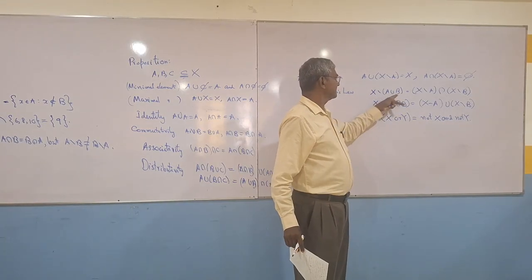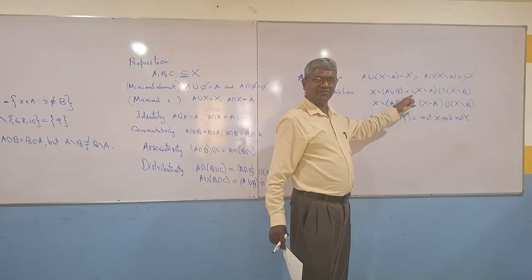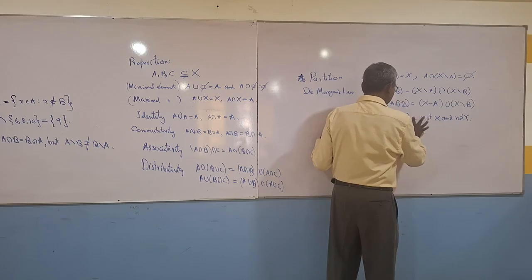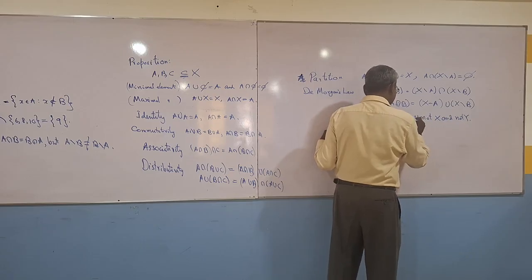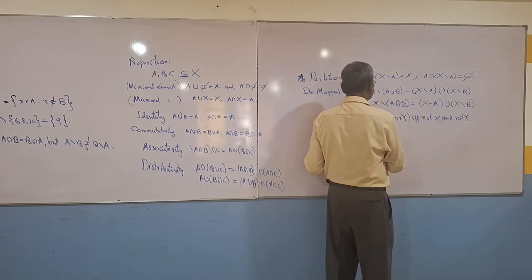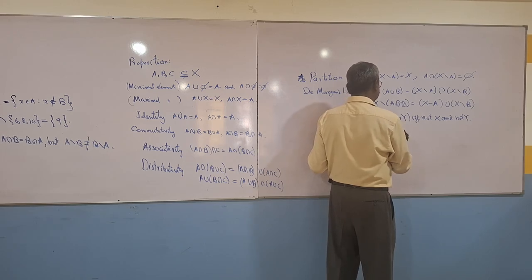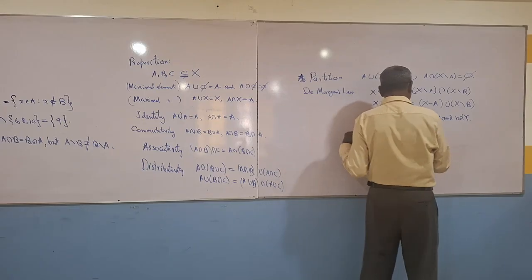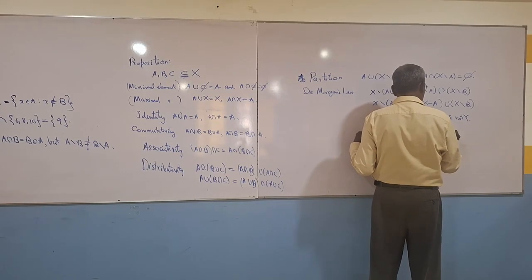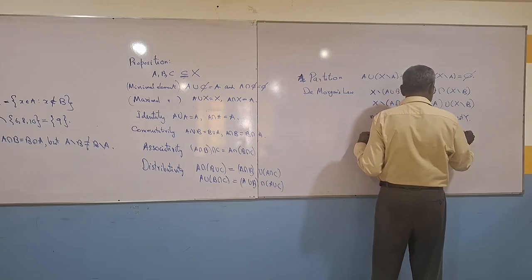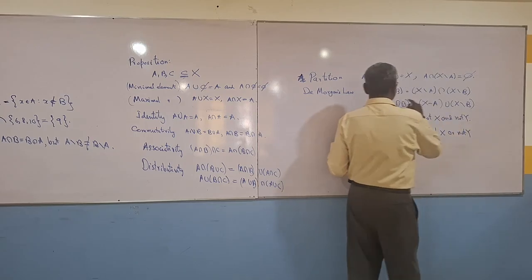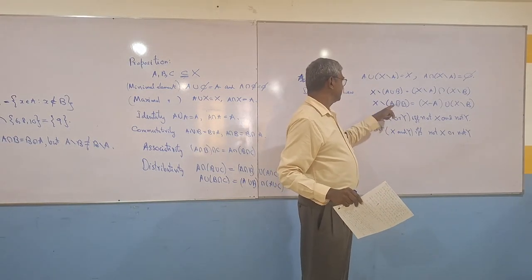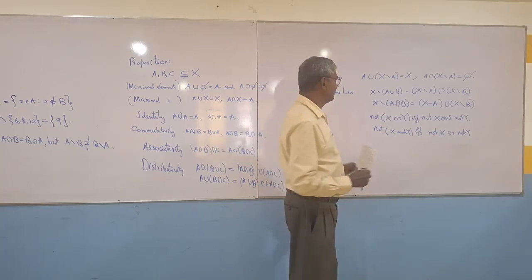X belongs to A union B means X belongs to A or X belongs to B. Same thing. Next one is: not (X and Y) if and only if not X or not Y. Union is like OR, intersection is like AND. So these are De Morgan's laws.